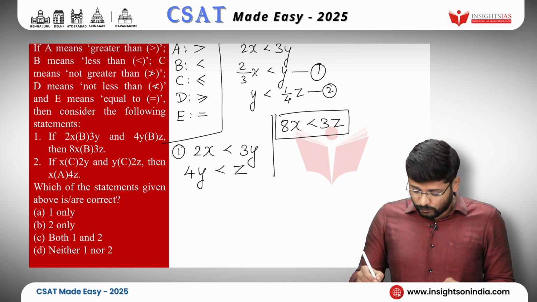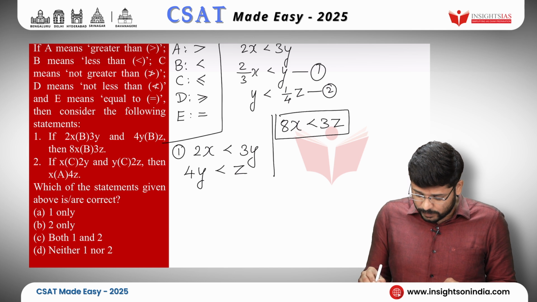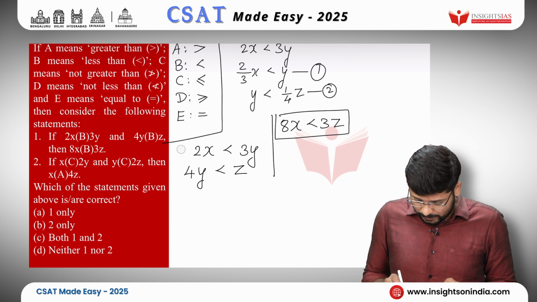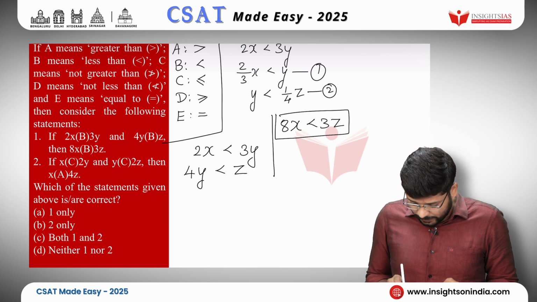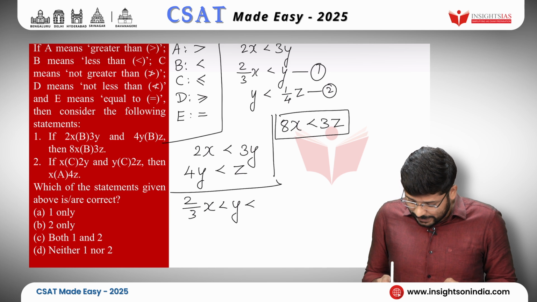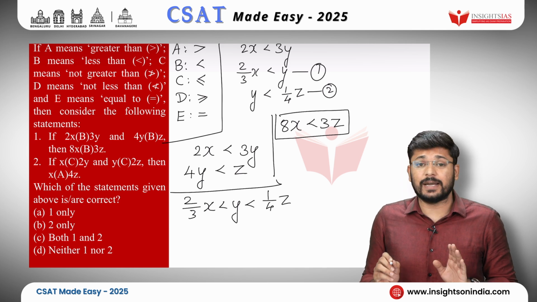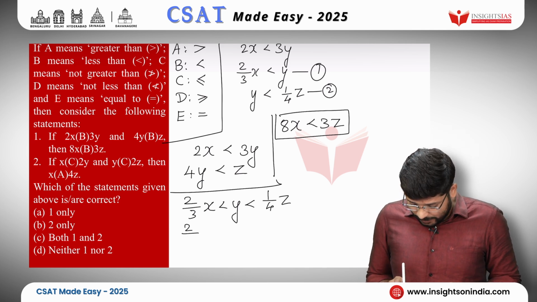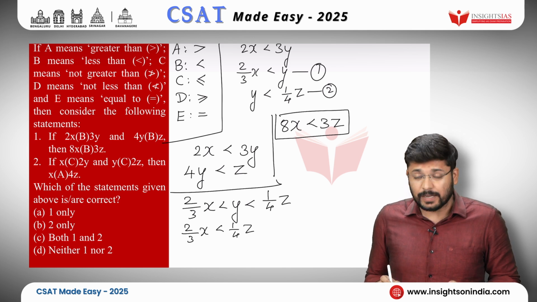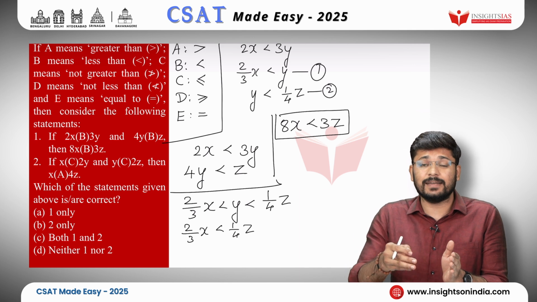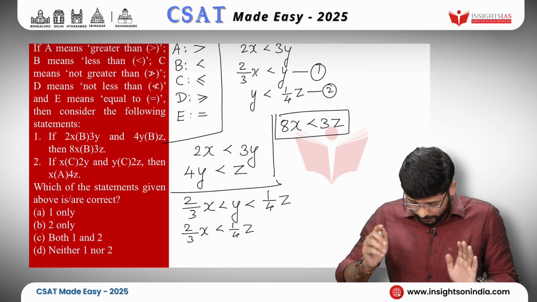Now, using the first and second relation, we can write this one, right? 2 by 3x is less than y, which is less than 1 by 4z. We can write this. Yes. So, it means that 2 by 3x is less than 1 by 4z. Yes, if A is less than B and B is less than C, then A is obviously less than C. Okay.